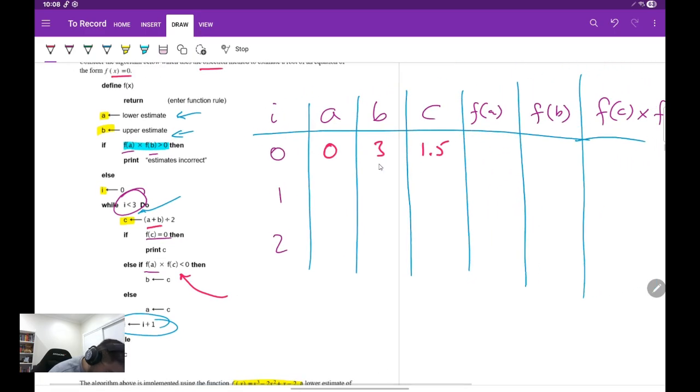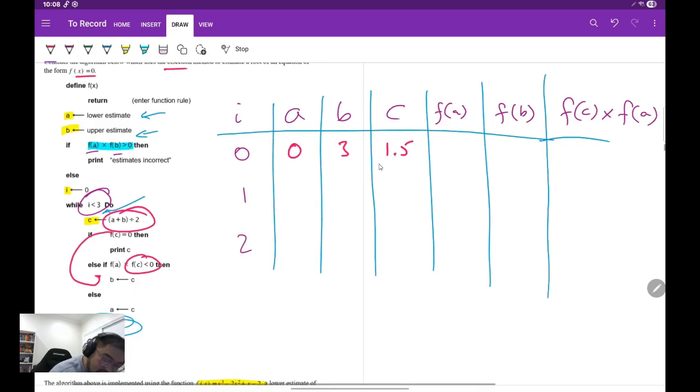In this case, what have we got? We need to use not B, but it looks like we need to use C. So we need to use the C value. Sorry, I should have said f of C, not f of B.